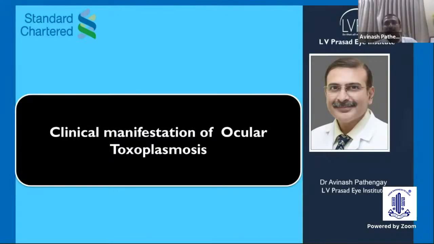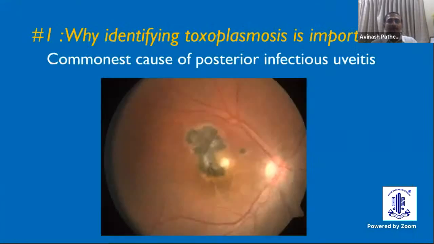At the outset, I'd like to thank Dr. Chitra Ramamurthy for giving me an opportunity to talk on clinical manifestations of ocular toxoplasmosis. I will be presenting 9 different points, which would help the postgraduates to understand toxoplasmosis better. Why is toxoplasmosis important?